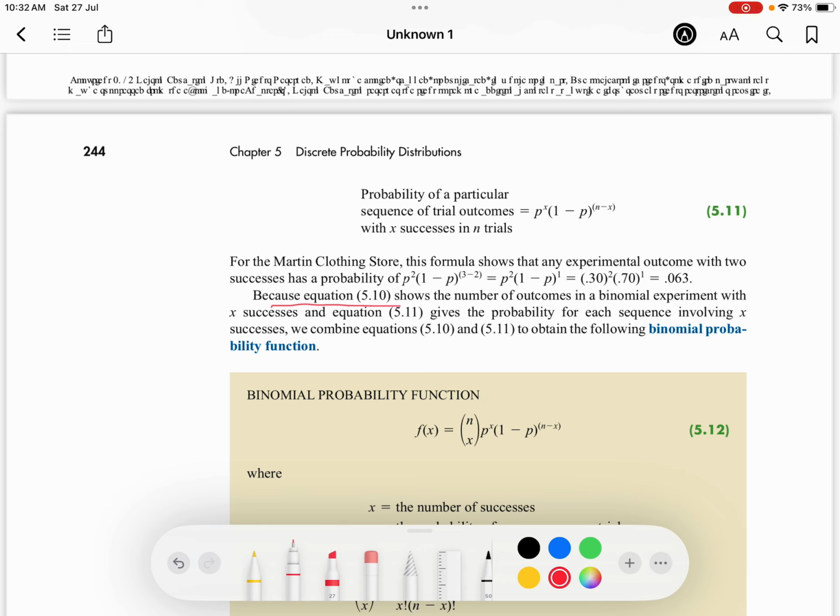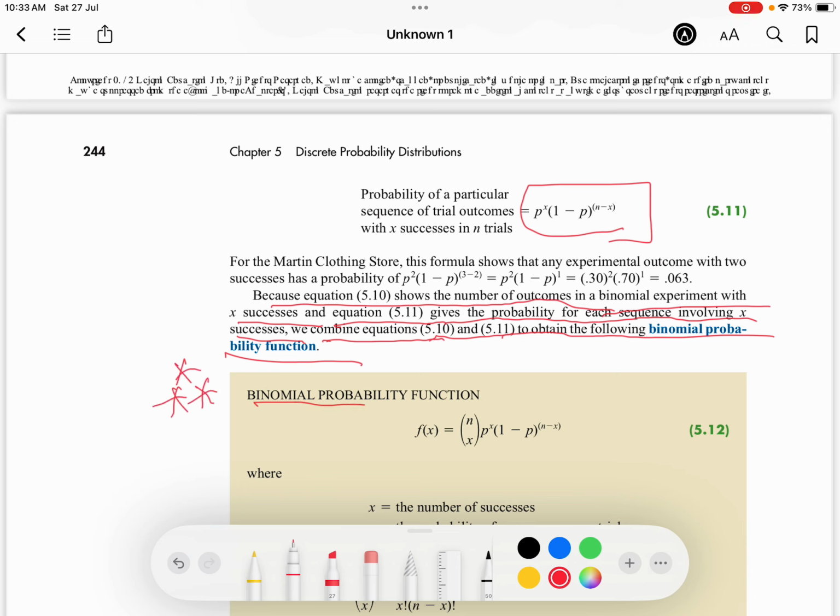Equation 5.10 shows the number of outcomes in a binomial experiment with x successes, and equation 5.11 gives the probability for each sequence involving x successes. We combine equations 5.10 and 5.11 to obtain the binomial probability function. We will have this, the last one, binomial probability.